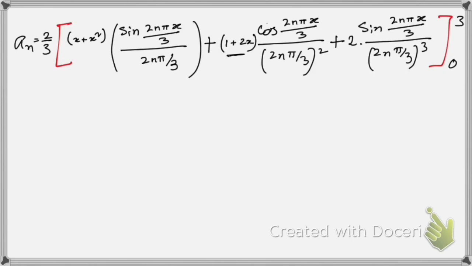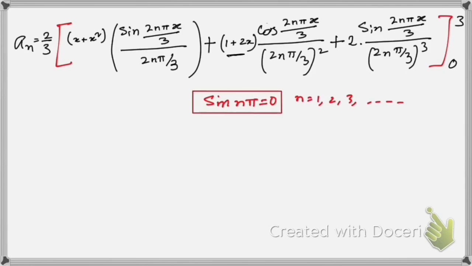Here you can see for n is equal to 1 2 3 and so on, the value of sine n pi is equal to 0, right? It doesn't matter 1 pi 2 pi 3 pi 4 pi, so if an integral multiple of pi is there, then the sine value of an integral multiple of pi is always going to be 0.